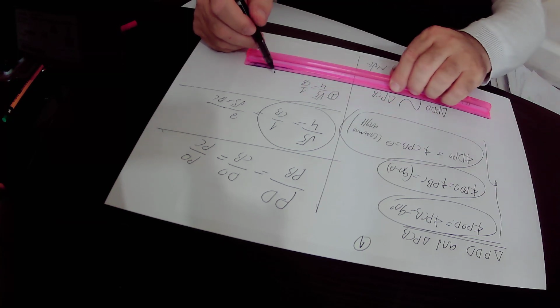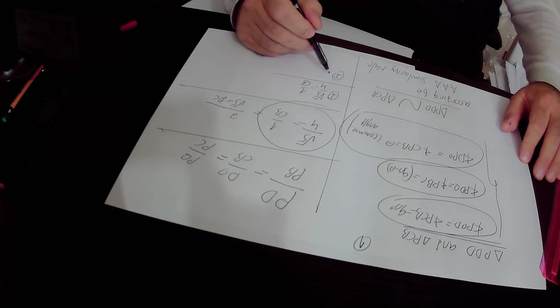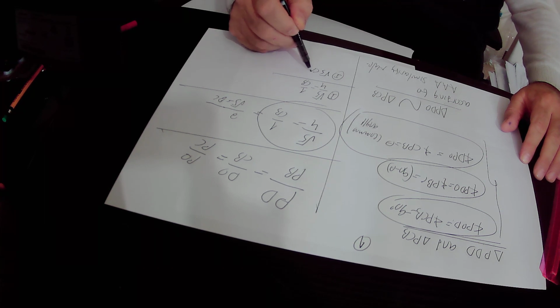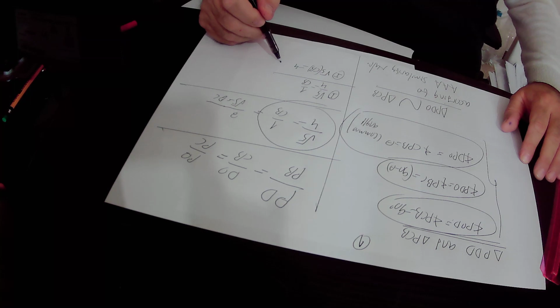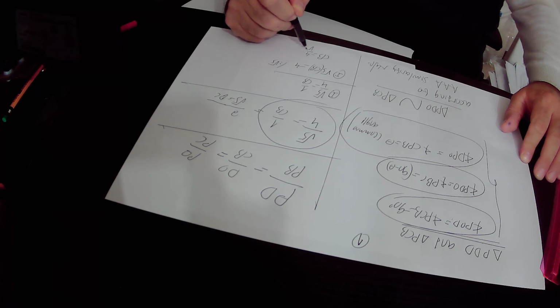Here we cross multiply this equation number 1, and we get that according to equation number 1, the square root of 5 times CB equals 4. Here we divide this equation number 1 by the square root of 5, and we get that CB equals 4 over the square root of 5.